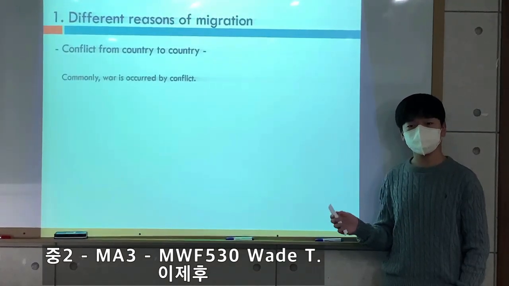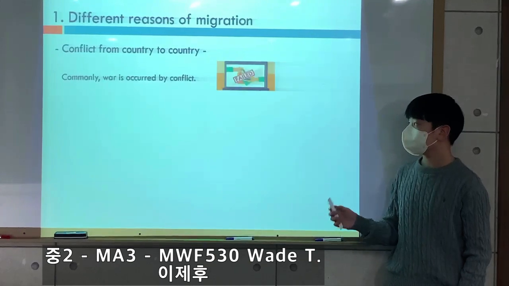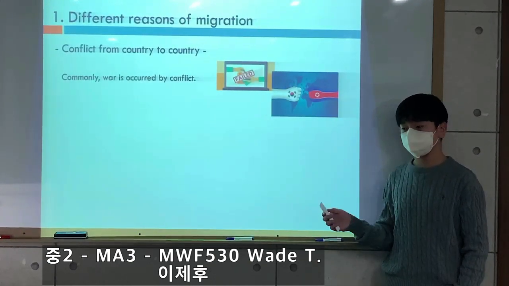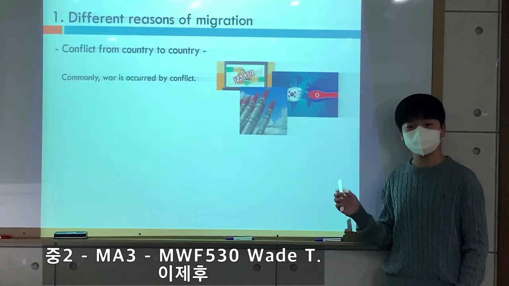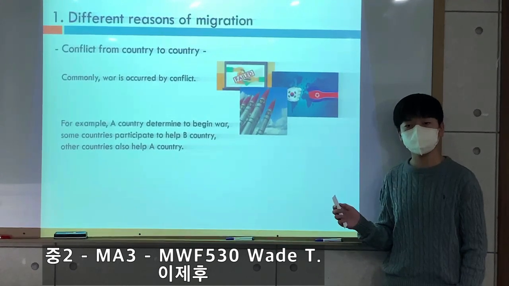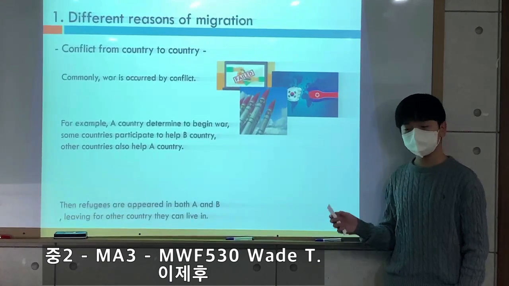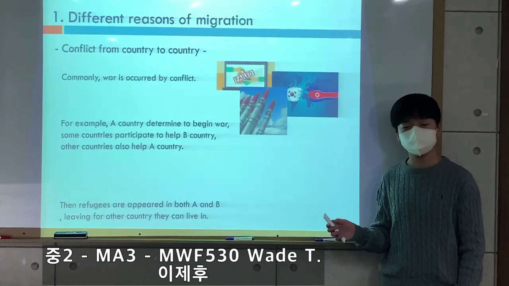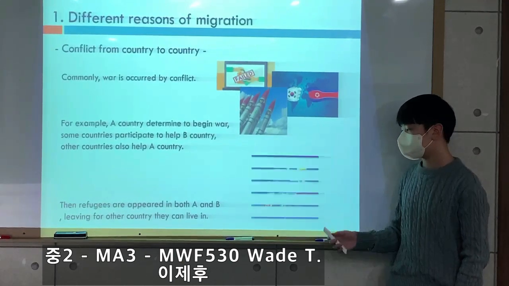Currently, war is caused by many conflicts, such as commerce failure, different political issues, or threat with nuclear weapons. For example, A country determined to begin war, and some countries participate to help B country. Other countries also help A country. Then refugees appear in both A and B country, leaving for other countries where they can live.